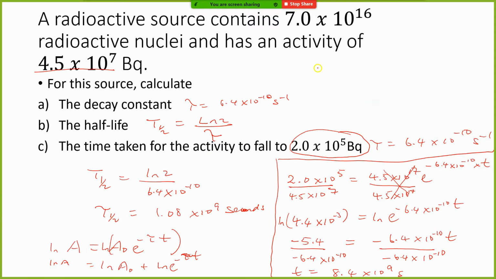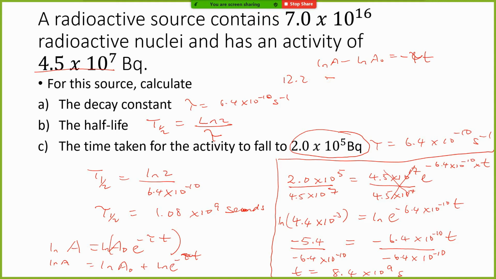So we're now saying ln A minus ln A naught is equal to minus lambda t. When we do this math, what would be ln A? Ln of 2e to the 5 gives me 12.2, minus ln A naught.